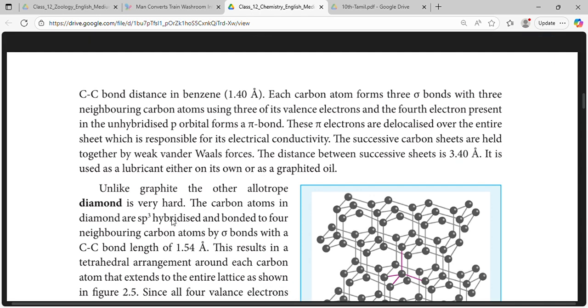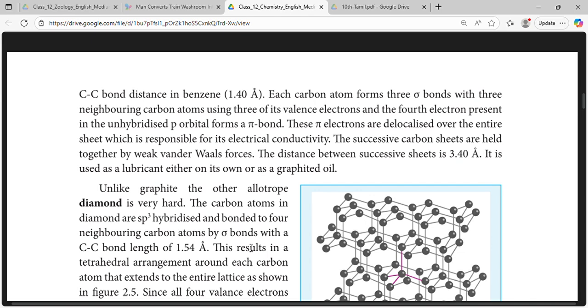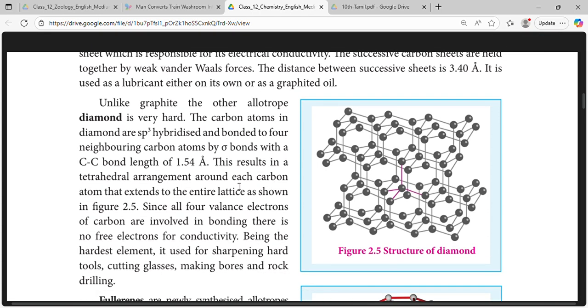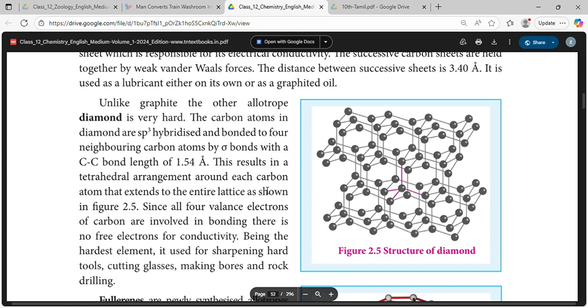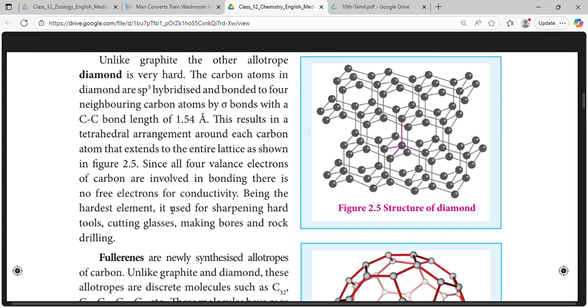The carbon atoms in diamond are sp3 hybridized and bonded to four neighboring carbon atoms by sigma bonds with a C-C bond length of 1.54 Å. This results in a tetrahedral arrangement around each carbon atom that extends to the entire lattice.